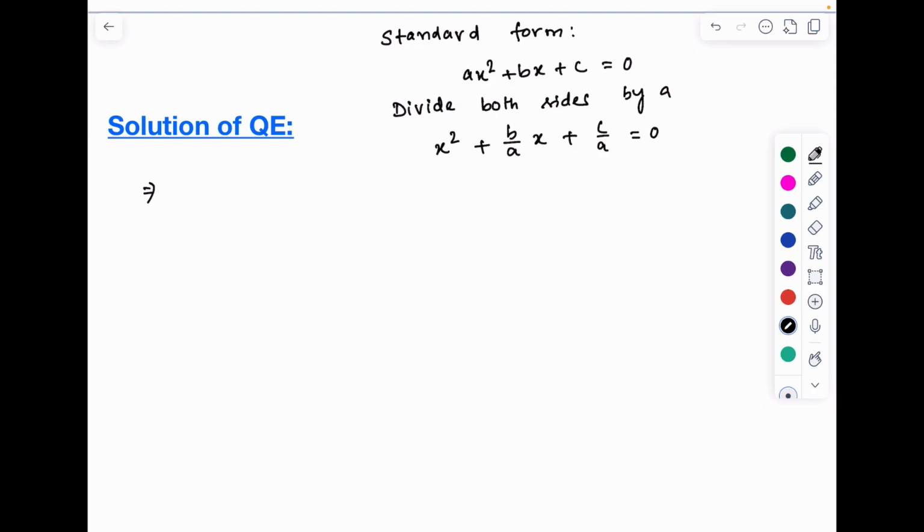Now we have to make it into a square form. How?